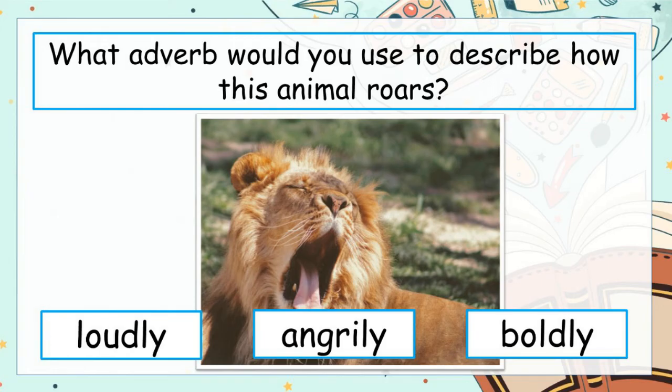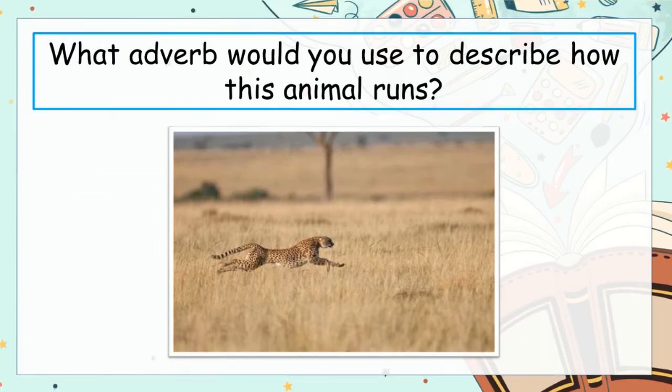Let's try one more. Take a look at the cheetah down below. What adverb would you use to describe how this animal runs? Remember, it usually will end in ly if it's an adverb telling us how an action takes place. Pause the video and see if you can think of an adverb. Well, how did you get on?